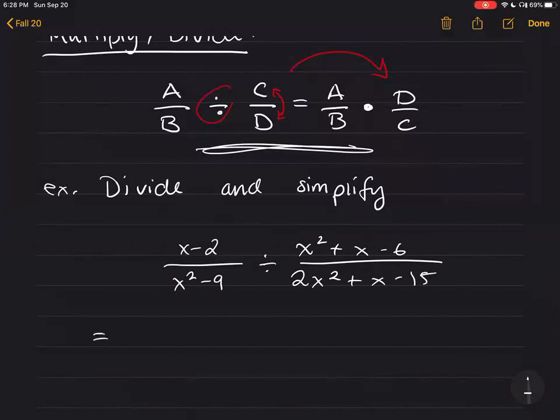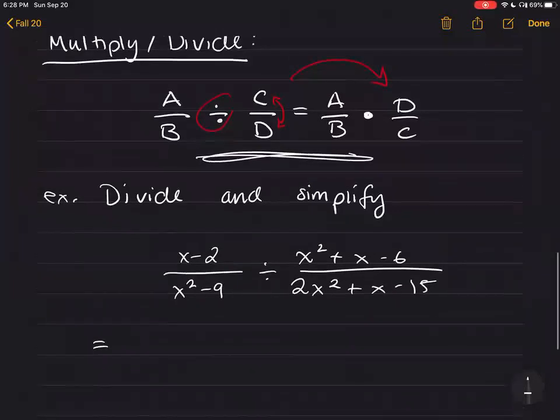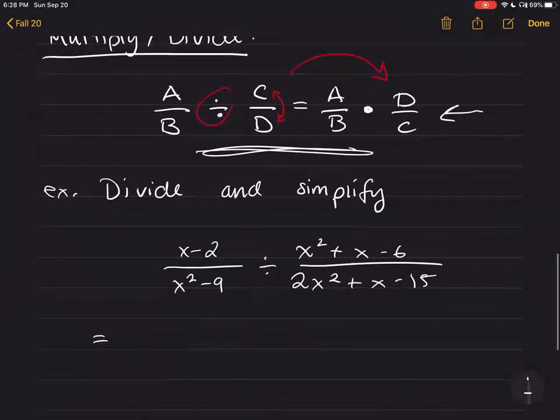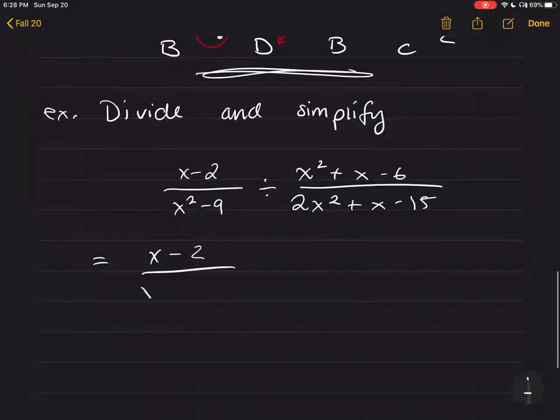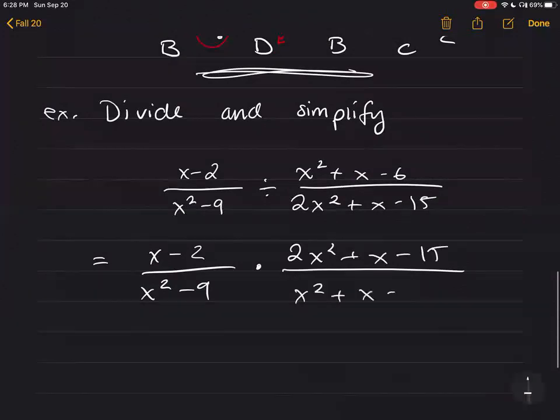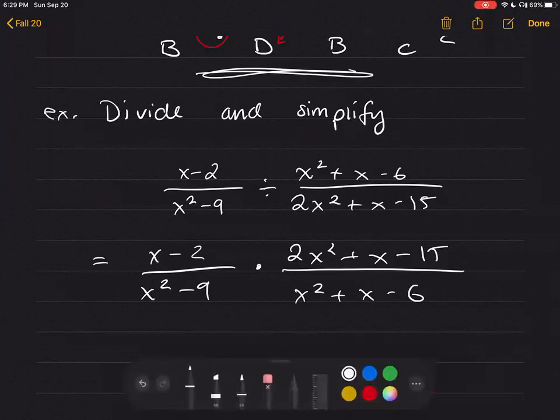Now, following this rule that we have right up here, we can write this as x minus 2 over x squared minus 9 times 2x squared plus x minus 15 over x squared plus x minus 6. Okay, cool. So to multiply two rational expressions like this, it's easiest to go ahead and factor each of these first.